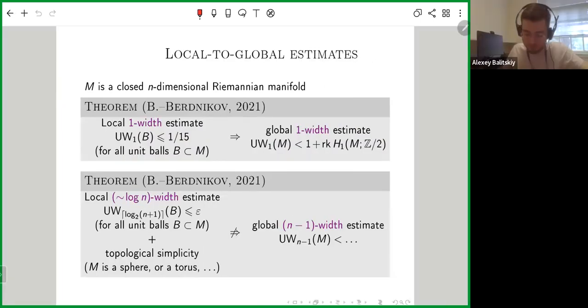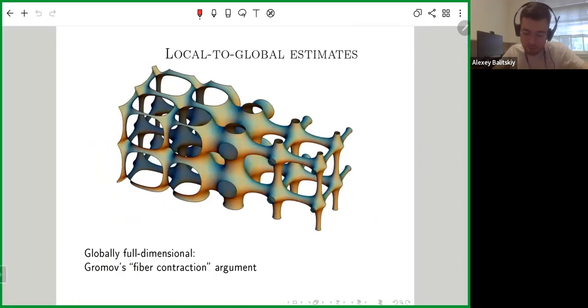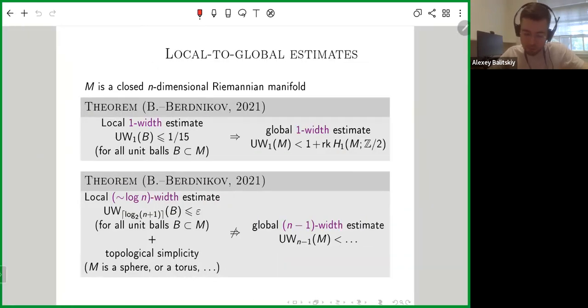There are more statements in this flavor, which I'll skip. But I'll say a word: in some cases, we take into account the topological complexity of the manifold itself. So this one has this very tubular, very spongy surface, so it has a large first Betti number, a large fundamental group. If you take into account the size of the first homology, then there are some bounds. Nothing here is really sharp.